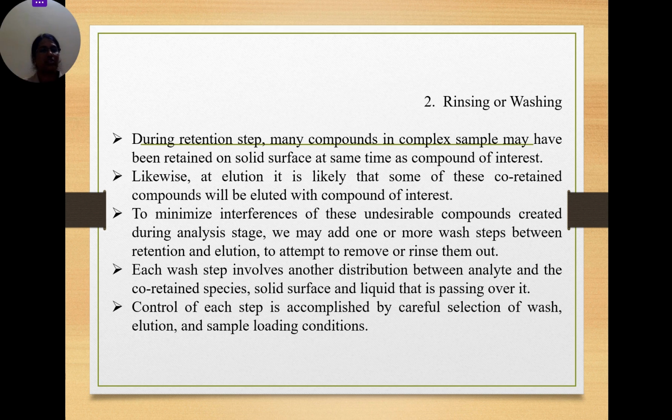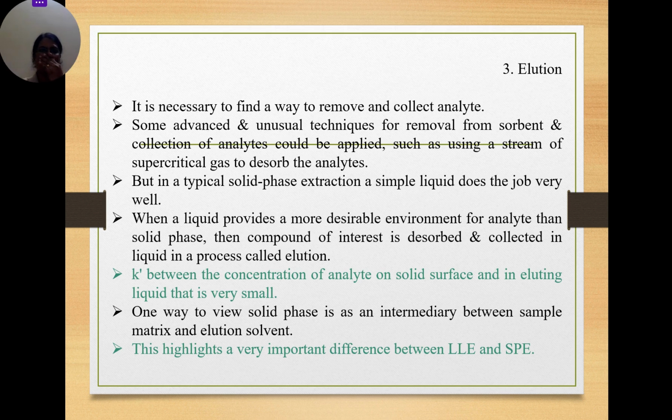We have to select the washing solvent, how many washes we have to do, and how we are loading the sample, all depending on this technique. As we understood already, based on the distribution coefficient, if a liquid layer is providing a more comfortable nature to the analyte, it will move towards that particular environment. Such criteria we have to consider when we select the solvents.